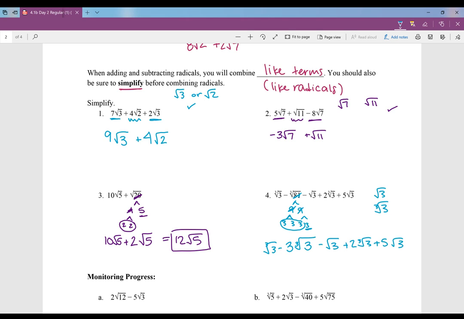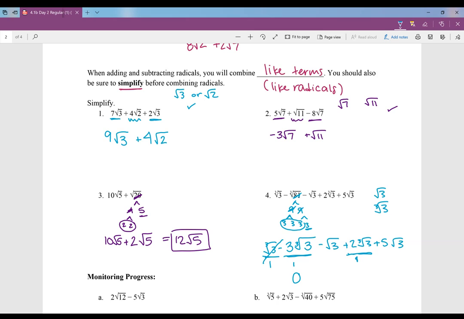Okay, so now we need to look for like terms. So here we have 1 cubed root of 3 minus 3 cubed root of 3. And we also have plus 2 cubed root of 3. So 1 minus 3 is going to be negative 2. Plus 2 is actually going to be 0. So we're not going to have any cubed root of 3's left.